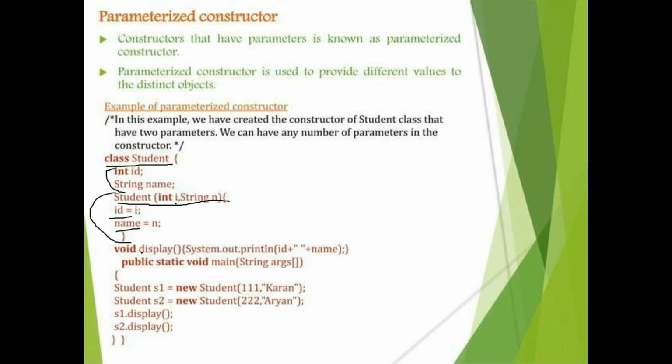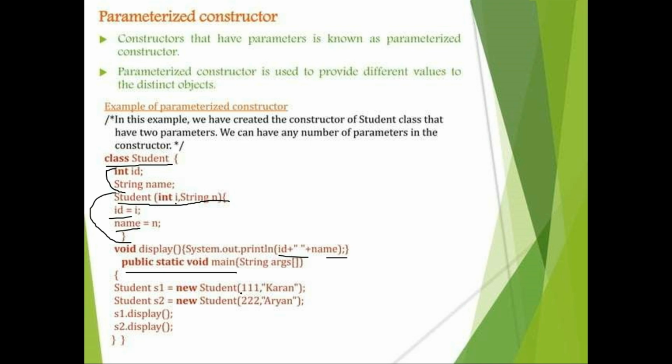Then a special method called the display method, where we display the id and the name of the students. Next we have created a main method. Then we have created objects s1 and s2.